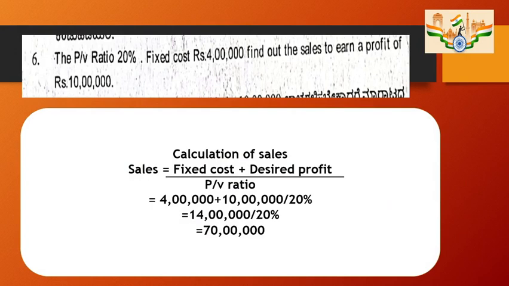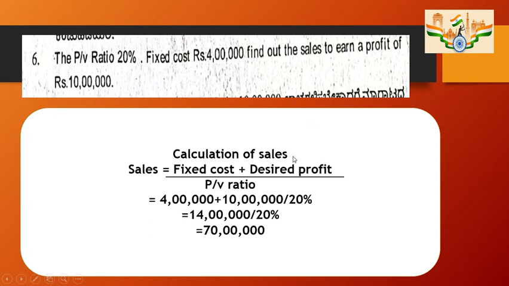Okay, the PV ratio is 20%, fixed cost is 4 lakh, find out the sales to earn a profit of rupees 10 lakh. Then calculation of sales equals fixed cost plus desired profit divided by PV ratio.